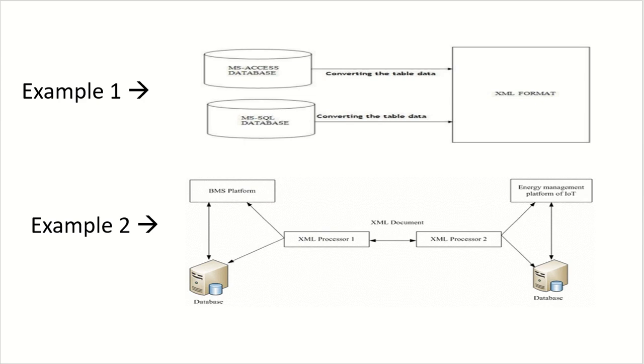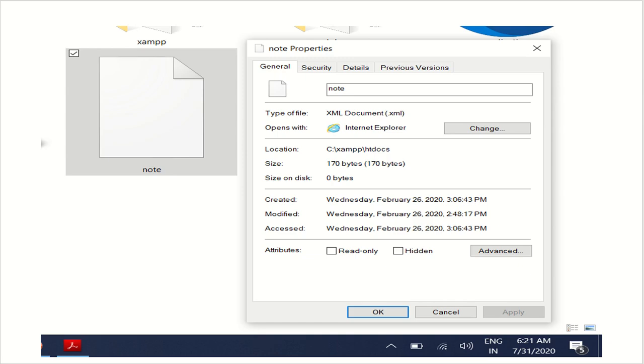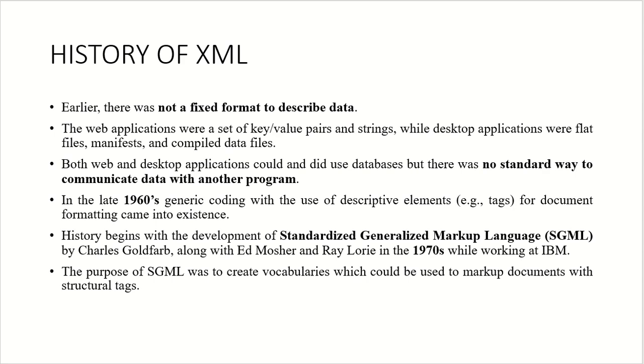This is the examples we have already studied. Some facts that it cannot execute. This is a major fact that it cannot execute. You cannot run the XML document directly. Alright. So this we have already done. Now we are going on the next topic of our syllabus, that is history of XML.